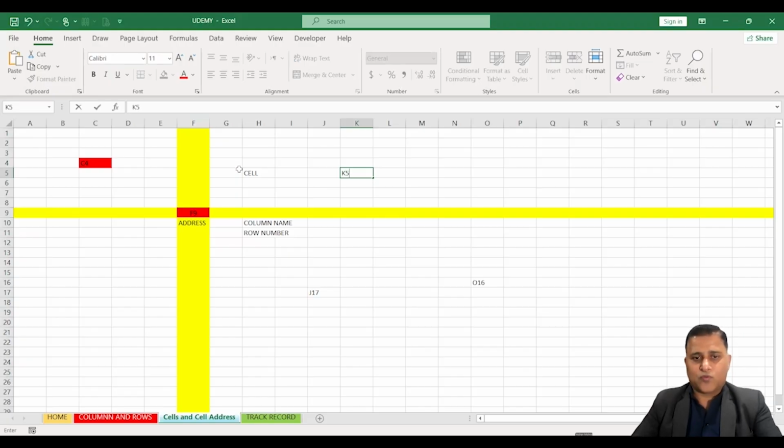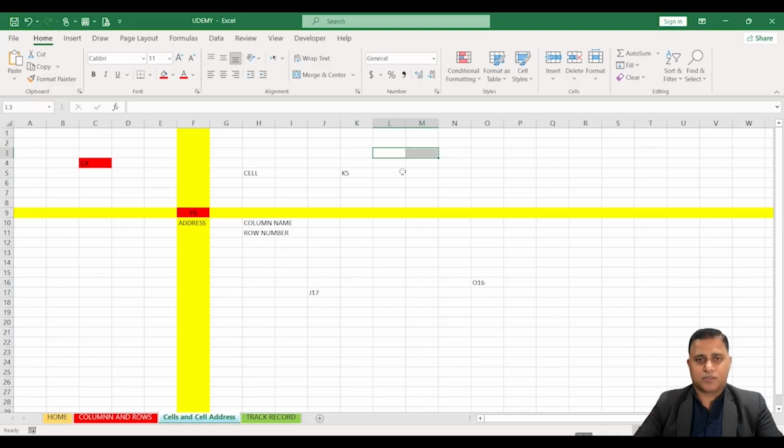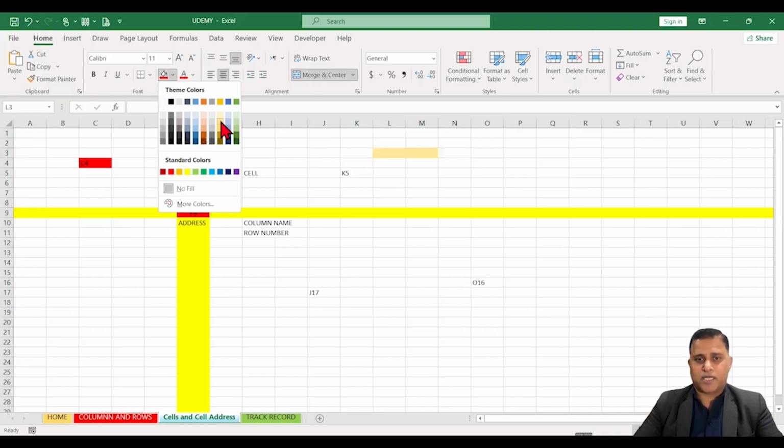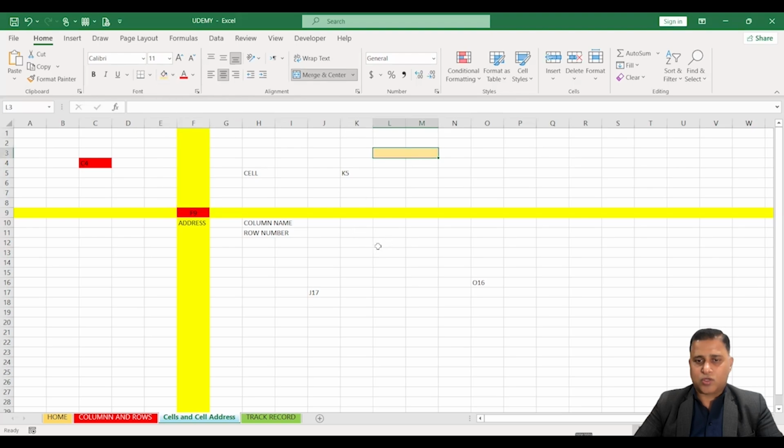Now, whenever I'm selecting a single cell, we have this address. But what if I select two cells together, or multiple cells together, like this? What will the address be? Remember, whenever we select one cell, the cell address will be the same, K5.